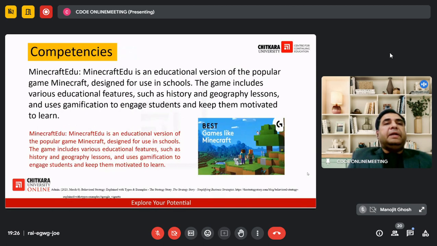Now, what are competencies? My question to all learners: if I ask you, what is your competency? You will tell me, sir, I'm very good at managing things. Or if you give me an accounts activity, I'm the best person who can manage the accounts of an organization. Someone will say, sir, I'm the best in hiring, I'm the best human resource manager, I can fetch the best people for any organization. If I ask one more person, he will tell me, sir, I am the best in the production department.